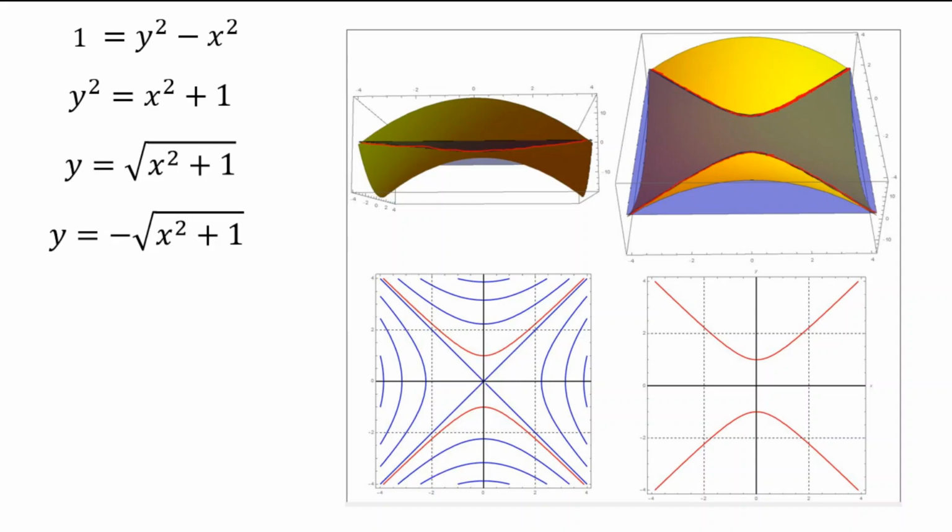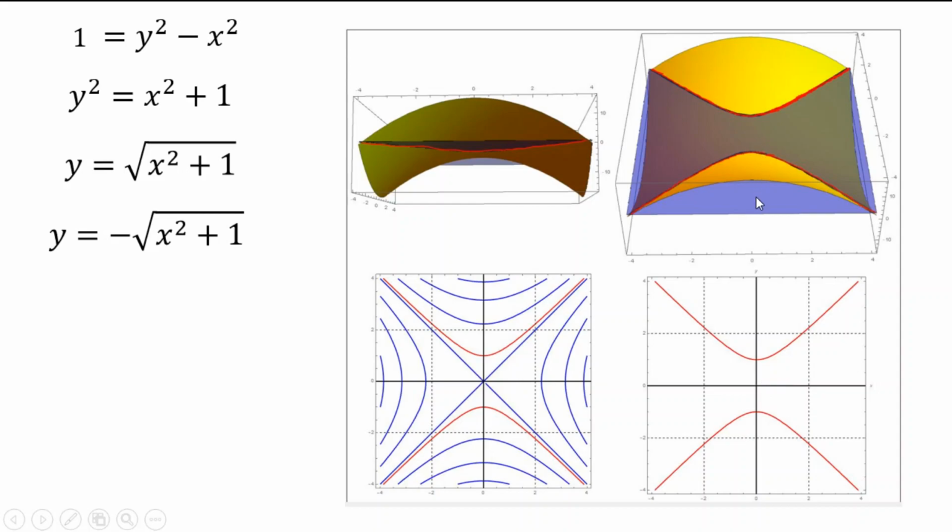But there are some values of y I cannot get. Since x squared plus 1 is always going to be at least 1, the smallest positive y value I can get is going to be 1, and the largest negative y value I could possibly get is going to be -1. So the values between -1 and 1 for y I'll never get.